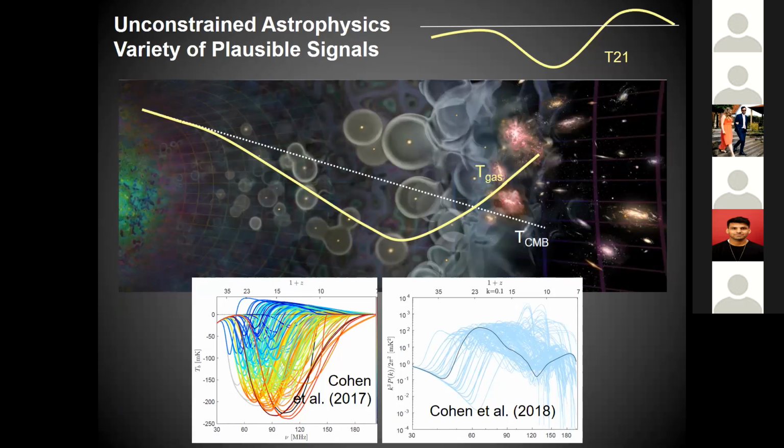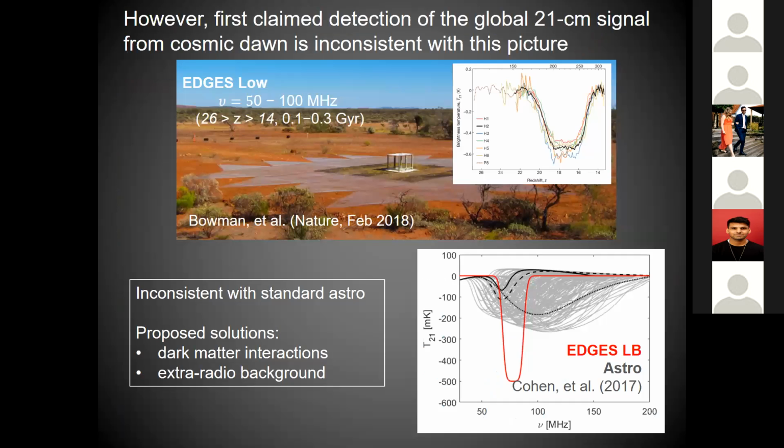However, these models are inconsistent with the EDGES observation, and people came up with different models that can explain it. For example, adding dark matter interactions that would cool gas, or an extra radio background that would create an extra signature.